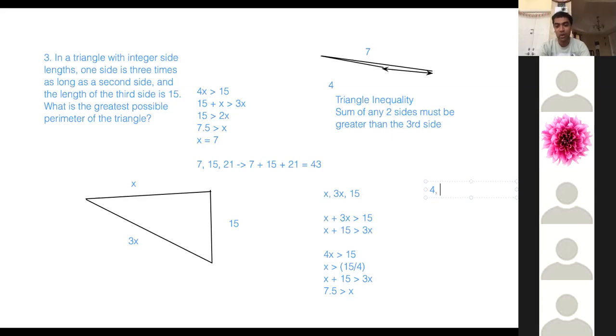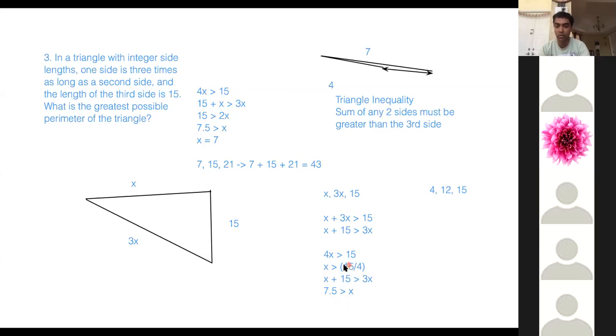Now, how do you know that 3 is not possible? Because if it was 3, 9, and 15, 12 is not greater than 15. Good. Yes, that's correct. You can also look at it in terms of the inequality we just did. So we saw 7.5 is greater than x, but what's the other one? x is greater than 15 over 4.